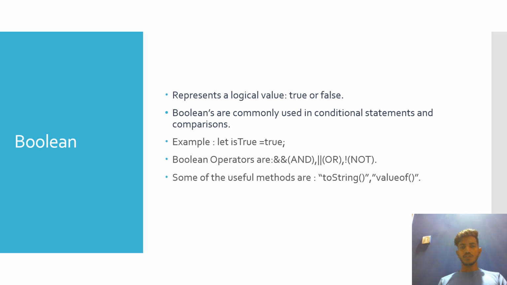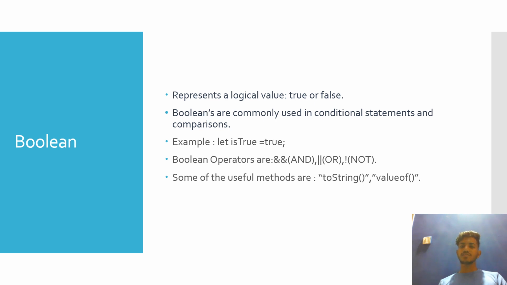Boolean. As you know, boolean is 0 or 1, that is true or false, the same as the boolean data type you learnt in C++. Here also true or false represent a logical value.